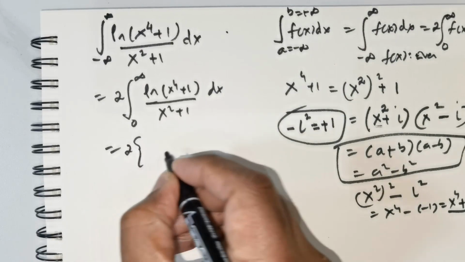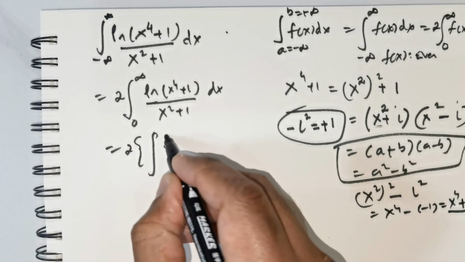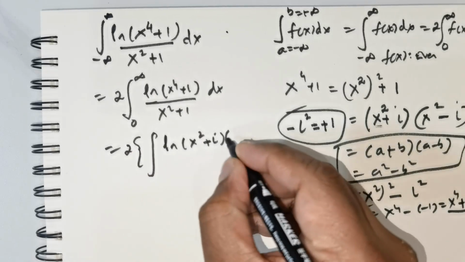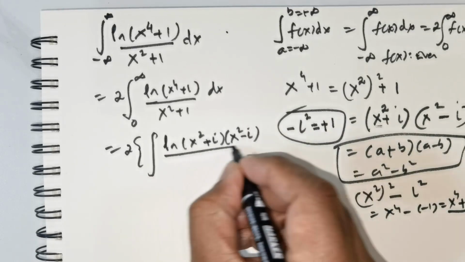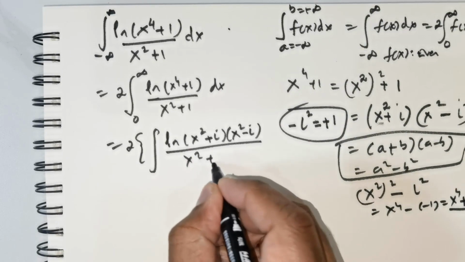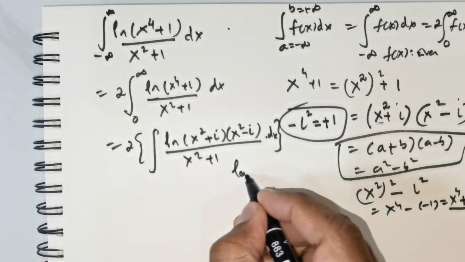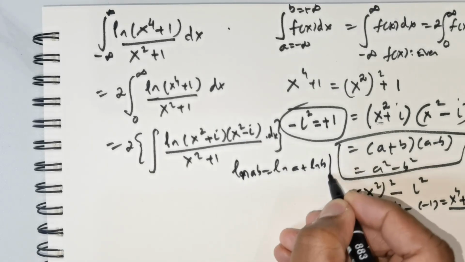So this numerator is rewritten as ln of (x squared positive i) times (x squared negative i), divided by x to the power of 2 positive 1 times dx. Now ln of a times b is equal to ln a plus ln b.